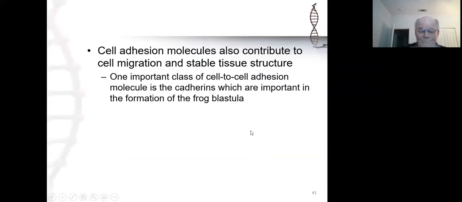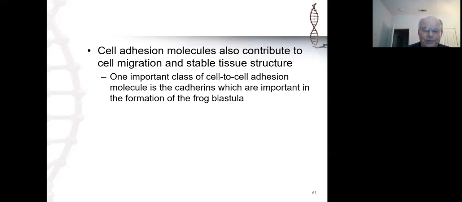Then, in terms of adhesion, when the cells get to the right location and adhere and bind to the cells at their location, we have a large family of cell-to-cell adhesion proteins that are responsible for this. And one of the subgroups of cell-cell adhesion proteins are a group of proteins called cadherins.